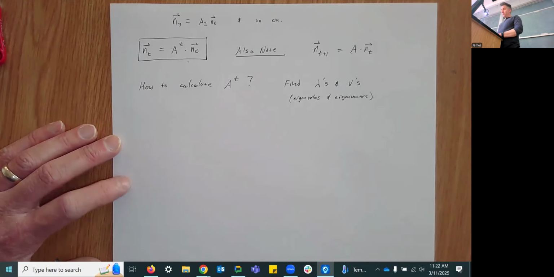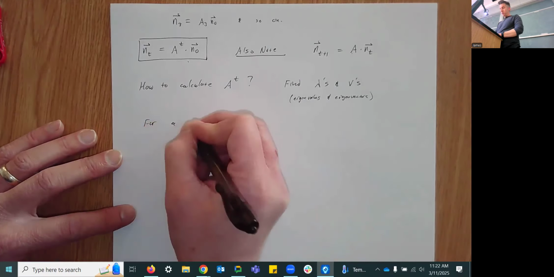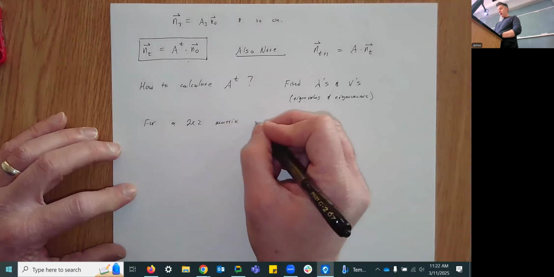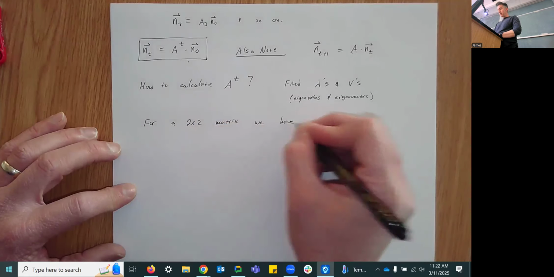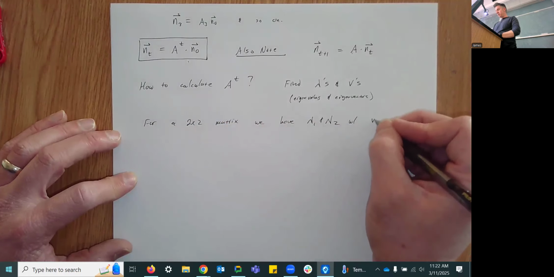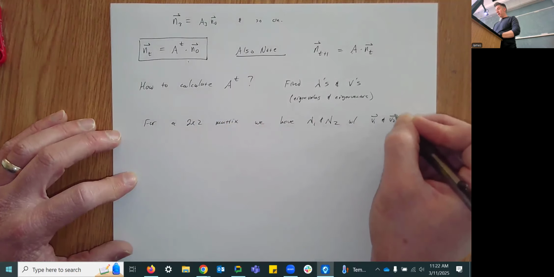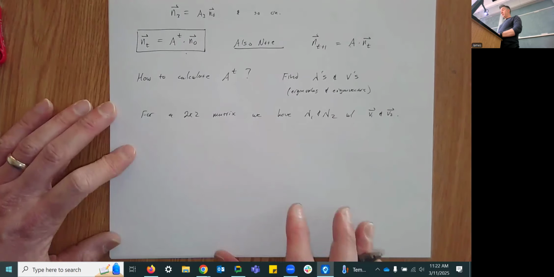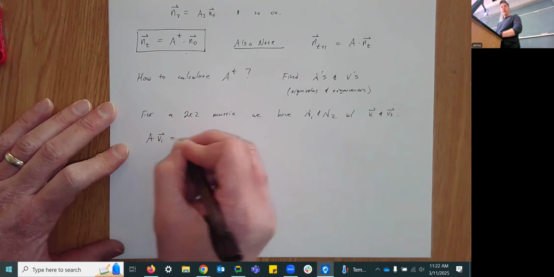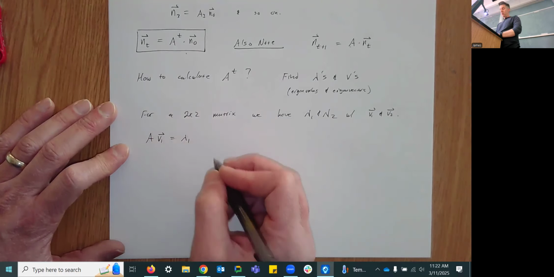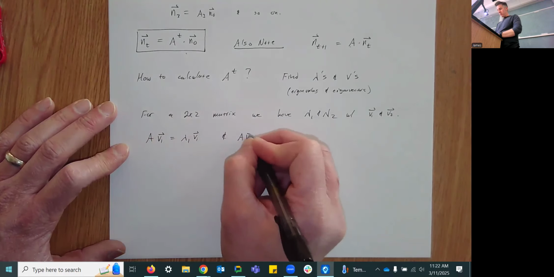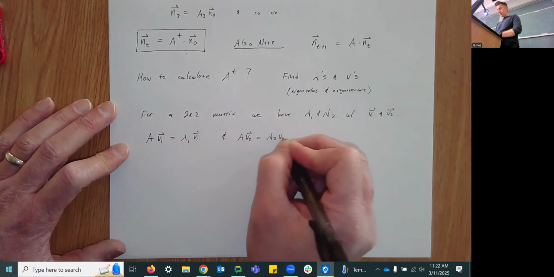So here's what we know. For a 2x2 matrix, which is always what we're going to be dealing with, we have the eigenvalues, lambda 1 and lambda 2, with the associated eigenvectors, v1 and v2. And as a reminder, what that means is that your matrix A times your first eigenvector is equal to the associated eigenvalue times that eigenvector. And similarly, A times v2 is equal to lambda 2 times v2.